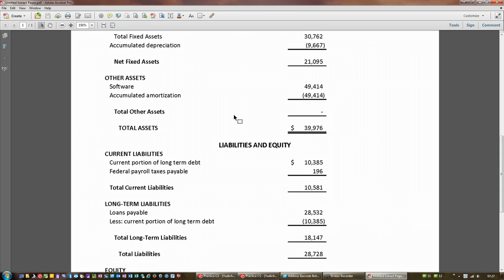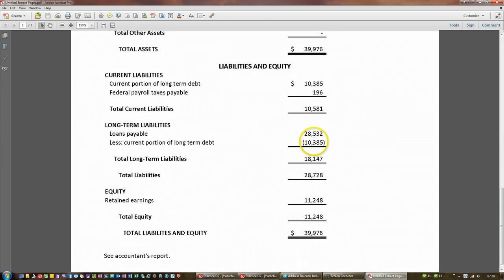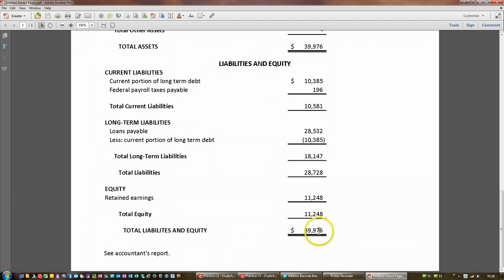One of the fundamentals of accounting is the accounting equation, and the accounting equation says assets equal liabilities and equity. So right here we've got our assets of $39,976, and then we've got our liabilities and equity of $39,976. As you look here, this number matches that number. They balance. So that's why we say that the balance sheet balances. If these two numbers did not balance, then we'd know something was wrong.